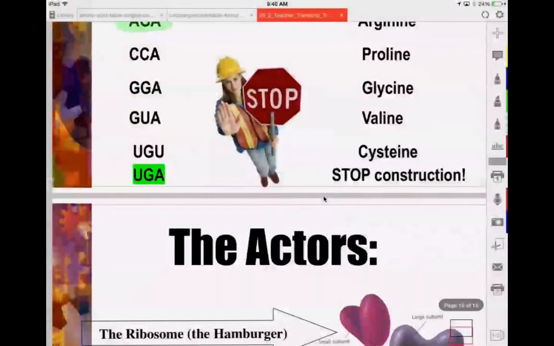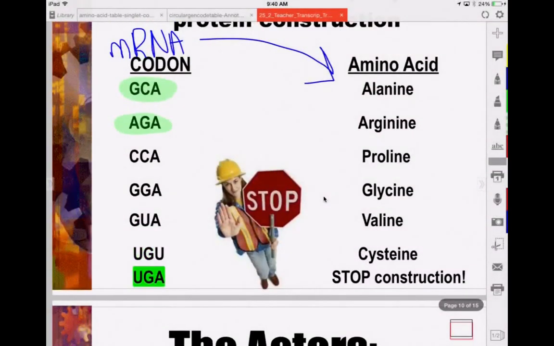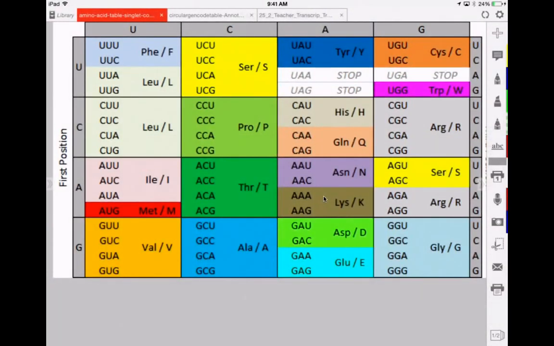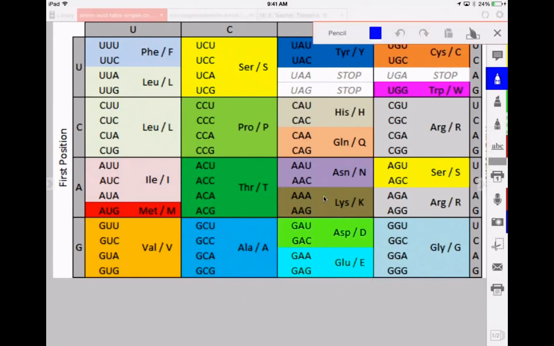Now, how do we read that? Just one second here. I've got a special three-way table here for you. Let's say that our mRNA codon is going to be GCU.